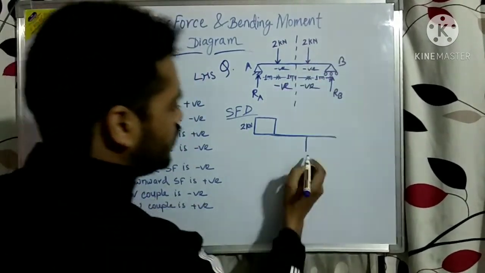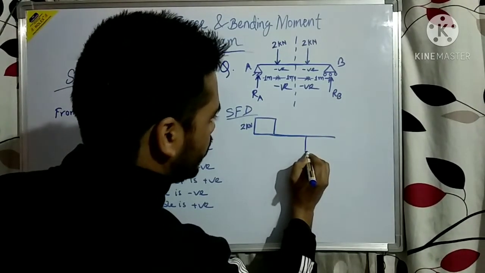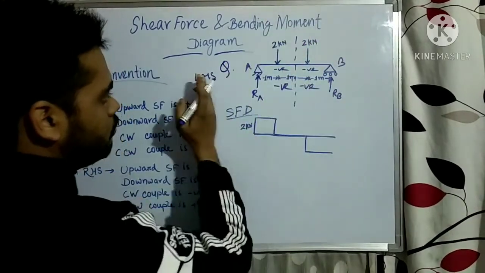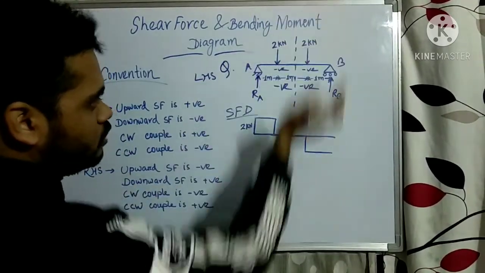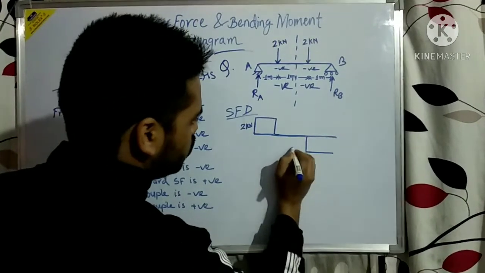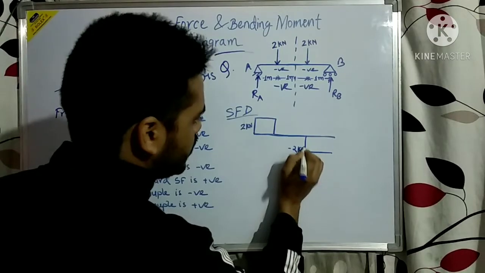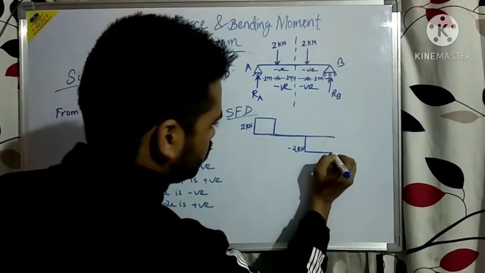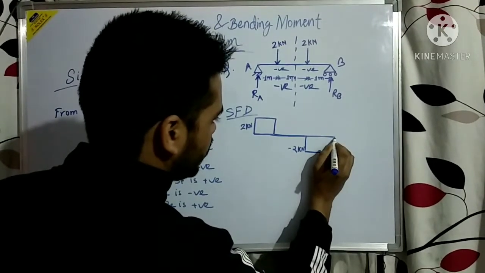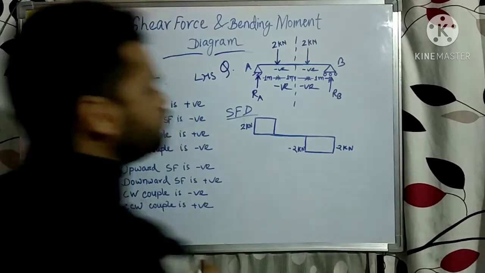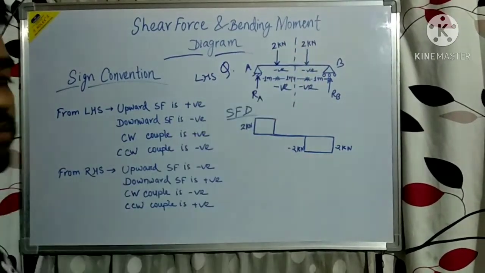Again from here to here there is no shear force, so it will go straight. Again this RB is acting upward. From the left side it is acting upward, so it will be positive. So this is minus 2 kilonewton and this is plus 2 kilonewton acting upward, so this will go to the neutral axis. This is the shear force diagram for this entire beam system.